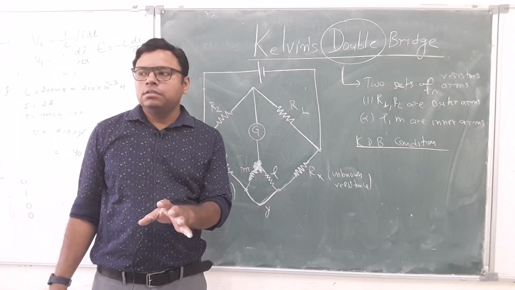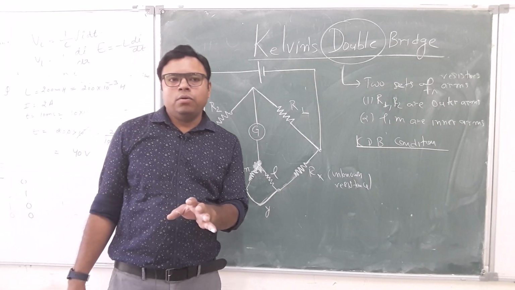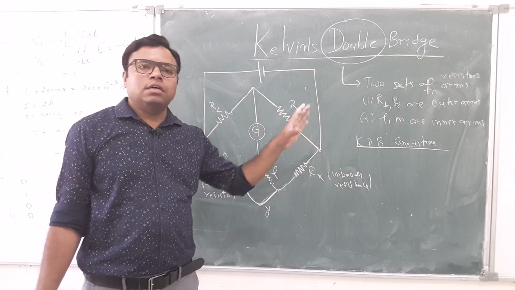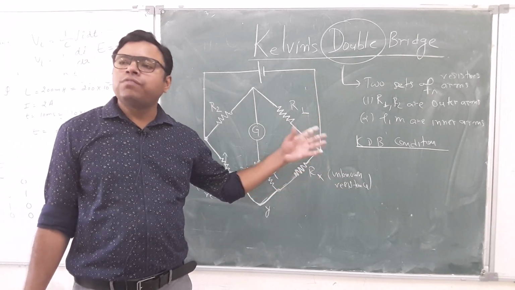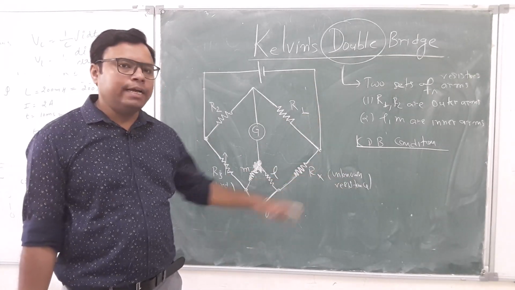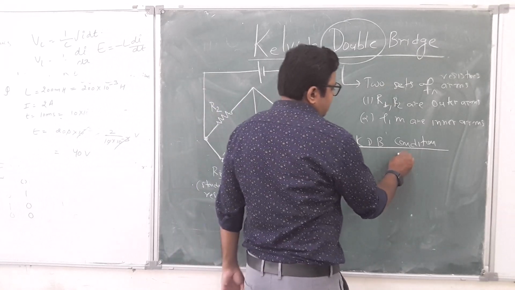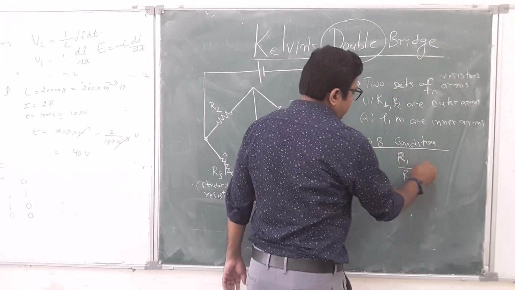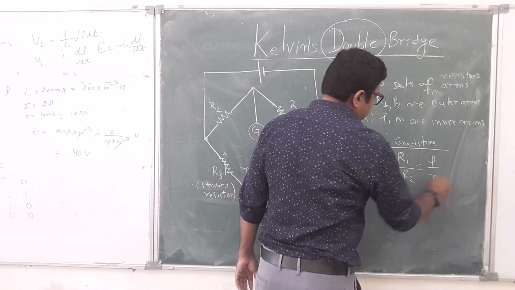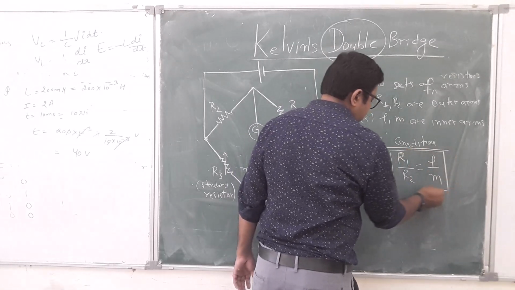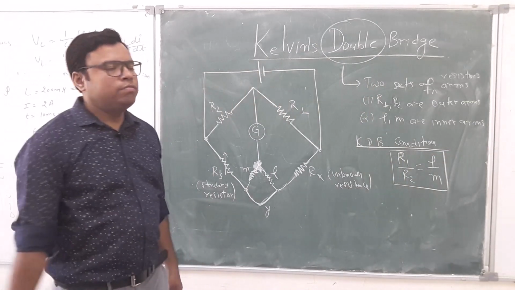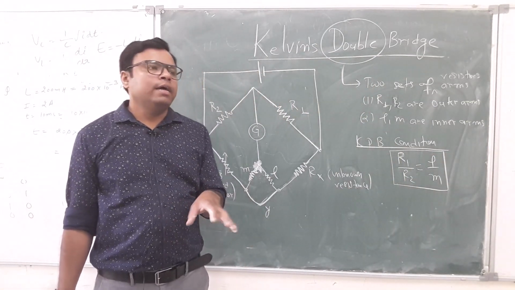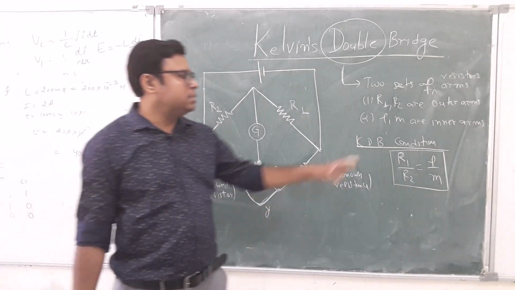There is a condition which we have imposed, which this bridge circuit has to follow, or by which it will be designed, that these two sets of arms are related in this way. We are putting a constraint that the inner arms and outer arms are in this ratio.